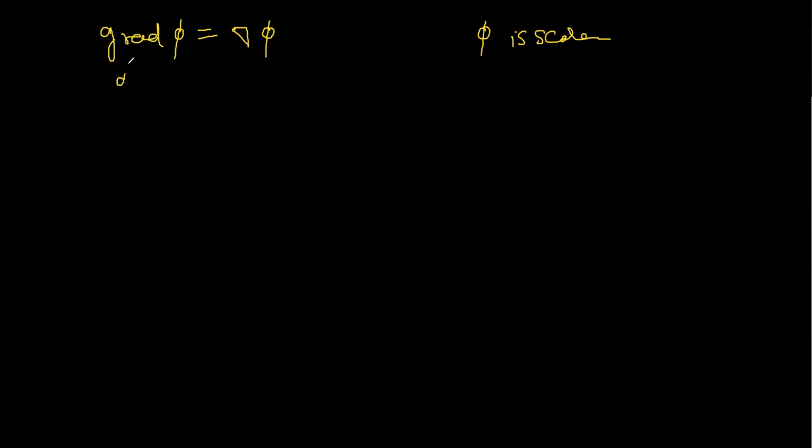Understood? What is divergence? Don't say only divergence phi, say divergence of vector phi, and this is with the dot product. Phi is a vector. What is curl phi? Cross product of phi.